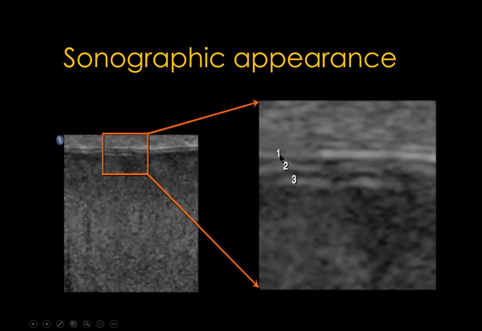Sorry, this is the tunica parietalis, and this is the tunica vaginalis. Next is the tunica vaginalis visceral layer, and the last one is the tunica albuginea. What's important here in the skin of the scrotal sac is to see if there is thickness or not, if it is swollen or not.